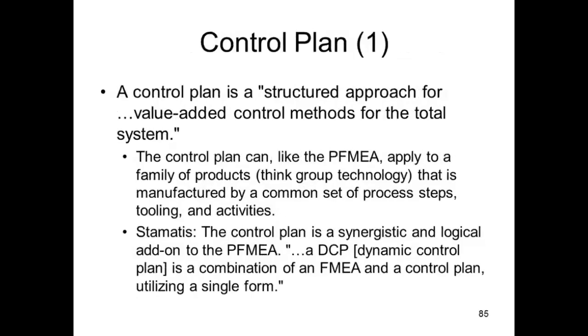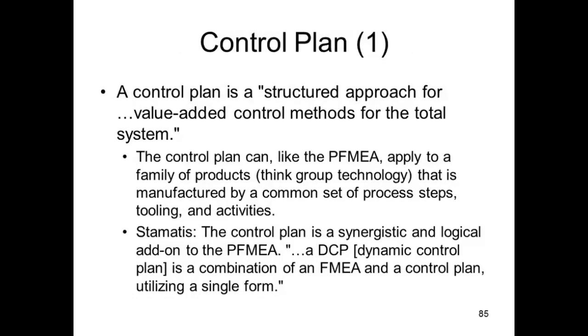Okay, the last part of this is the control plan. This is from AIAG's APQP manual, Advanced Product Quality Planning and Control Plan, 2nd edition, and the Stamatis book also discusses control plans. The control plan can apply to a family of products that's manufactured by a common set of process steps, tooling, and activities.